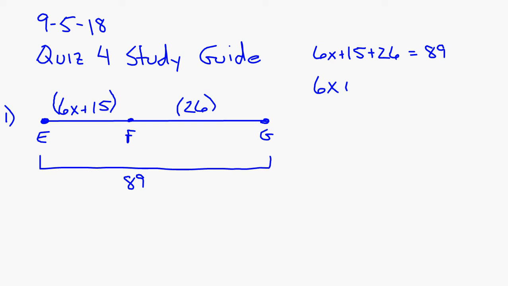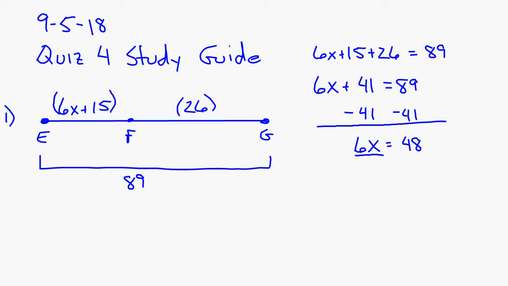That'd be 36 and 5 more, 41, equals 89. Subtract 41 from each side. 6x equals 48. Divide each side by 6. x equals 8.